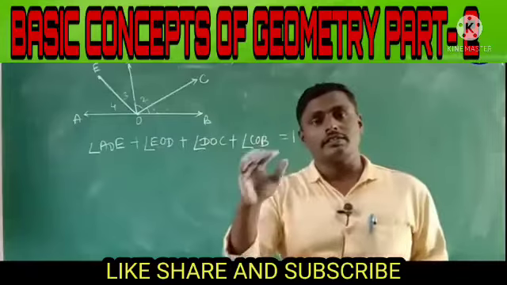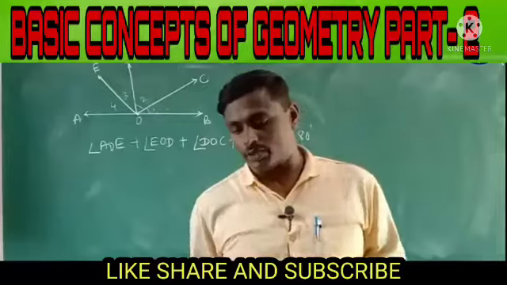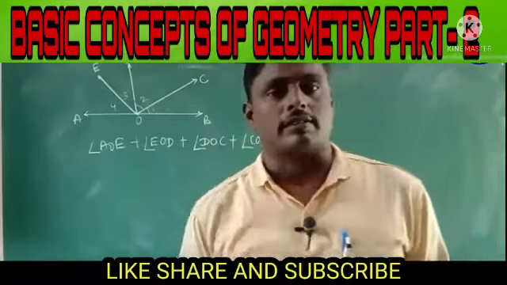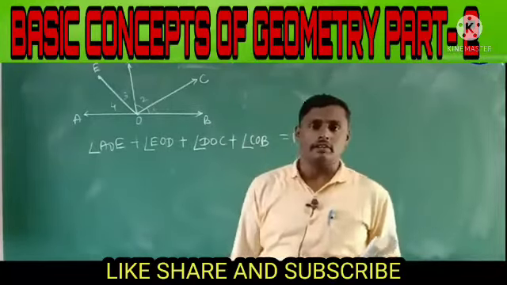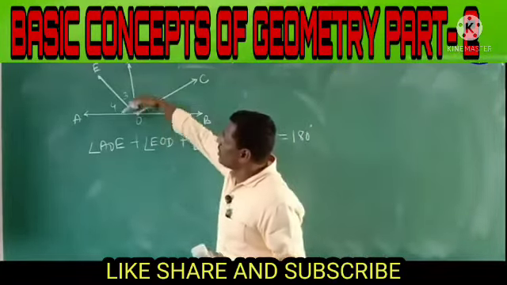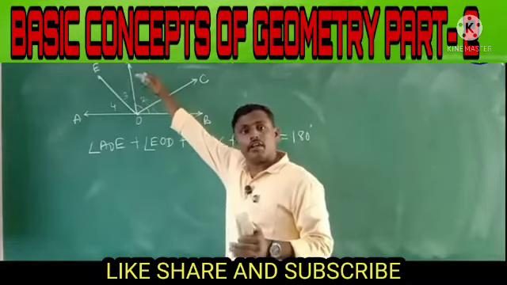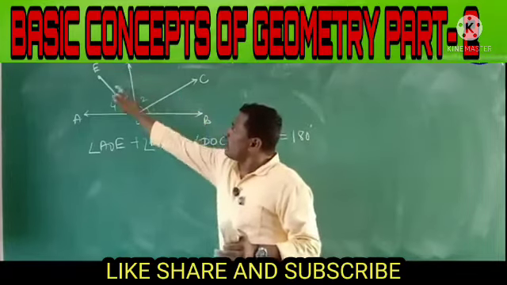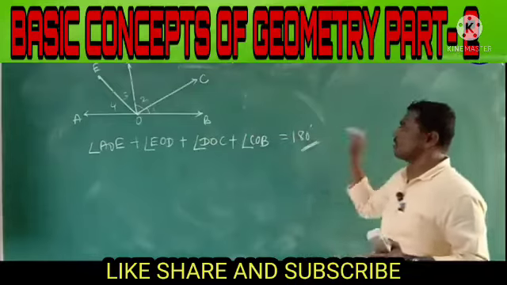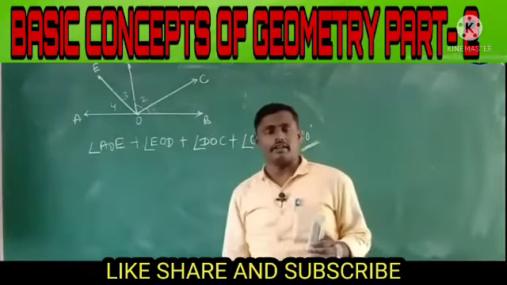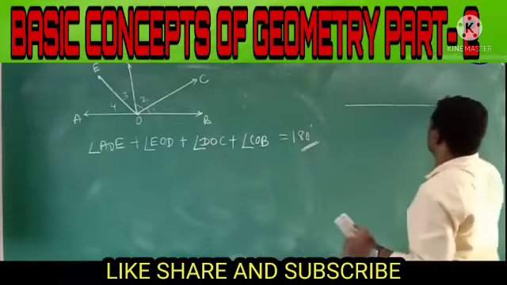So how can you define this? The angles formed on the same side of a line are always equal to 180 degrees. The sum of all the angles formed on the same side of the line, these angles are formed on one side only, right? So on the same side of the line, the sum of all angles is always equal to 180 degrees, right?